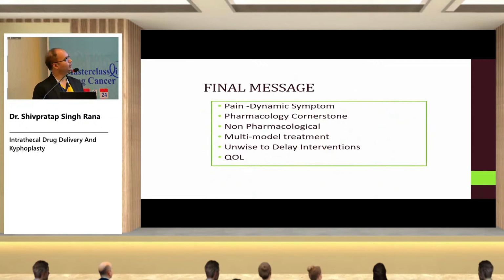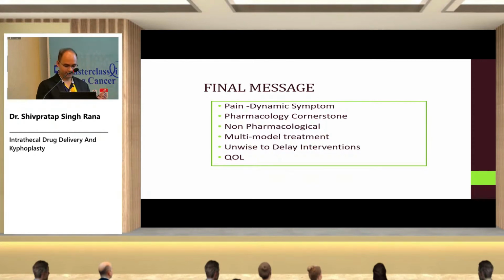So the final message: in cancer pain management, the main drug of treatment is morphine, the opioids. But apart from opioids, we have to combine interventions as and when necessary, going from simple interventions with a tiered approach. Individualized pain management for each and every patient is very important.